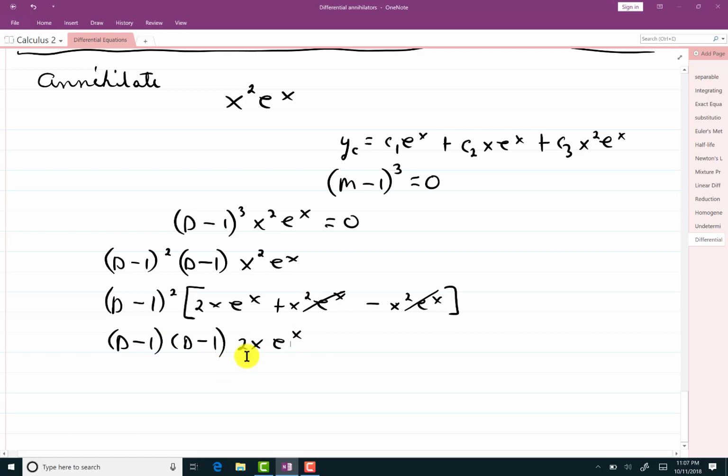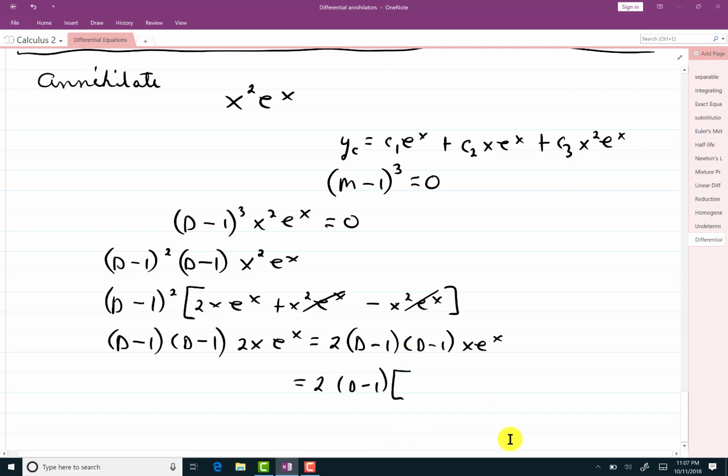Now because the 2 has nothing to do with derivatives of any kind, it just hangs around while you take derivatives. I can either leave it in here or I can factor it out front. I think I'm going to factor it out front. It just makes things a little bit messier, and I don't want that. So I have 2 d minus 1 x e to the x. Now let me take the first derivative of this thing and subtract it from whatever I get.